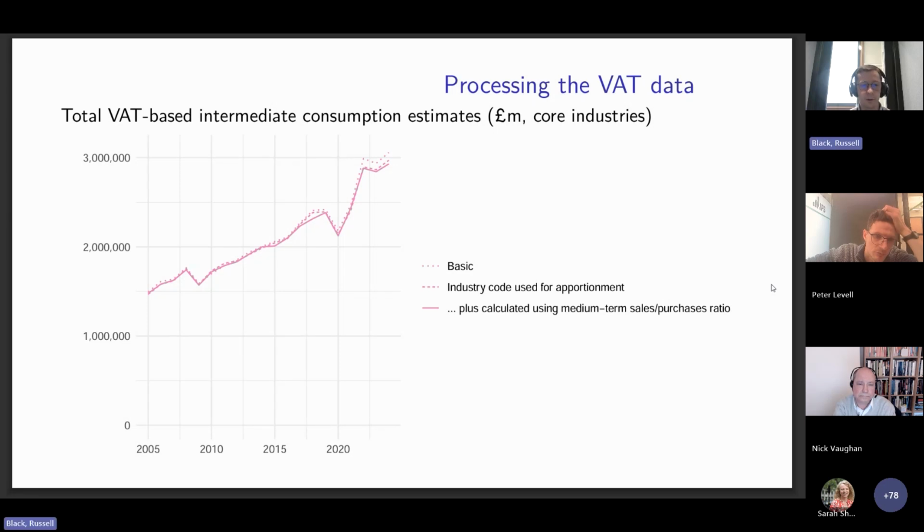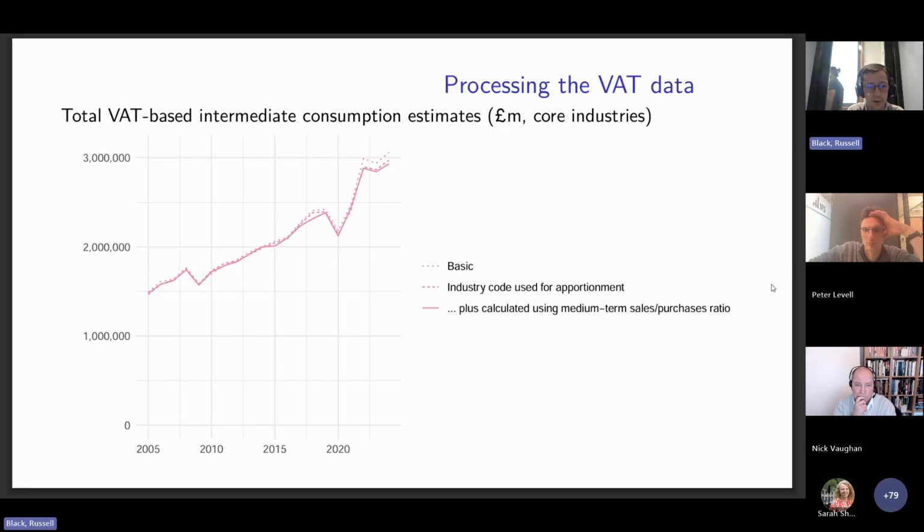More sophisticated apportionment inside enterprise groups by using industry weighting changes it a bit, especially in the 2020s. And applying the medium-term sales purchases ratio versus taking the quarterly and monthly data raw, you can see on the graph this doesn't actually change it because it shouldn't. It's only sort of moving things around rather than actually changing the level.